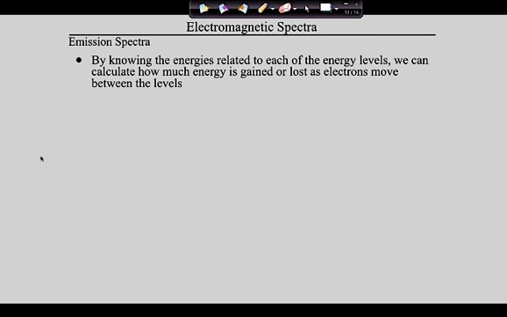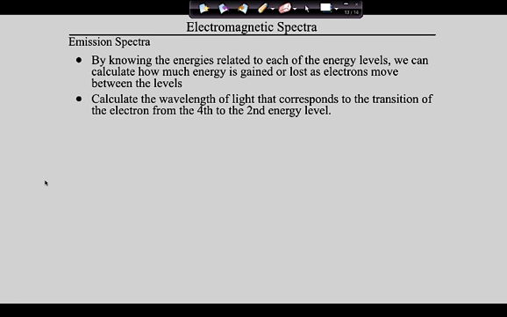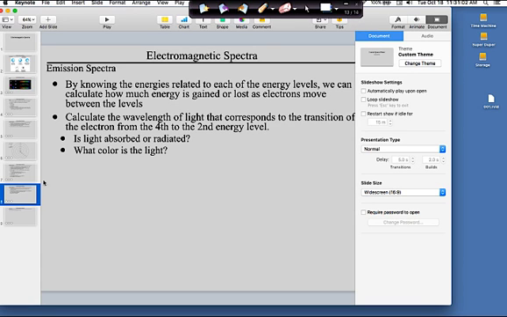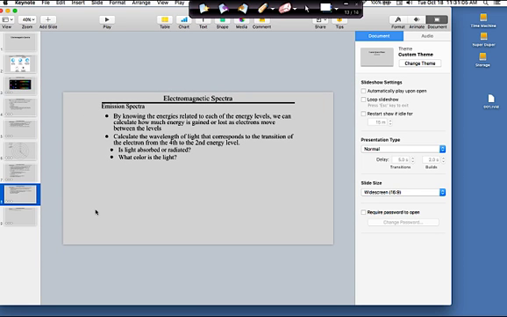Okay, so guys, here's what we're going to do now. By pulling all of this stuff together, we can now answer this question. It says, calculate the wavelength of light that corresponds to the transition of the hydrogen electron moving from the fourth to the second energy level.